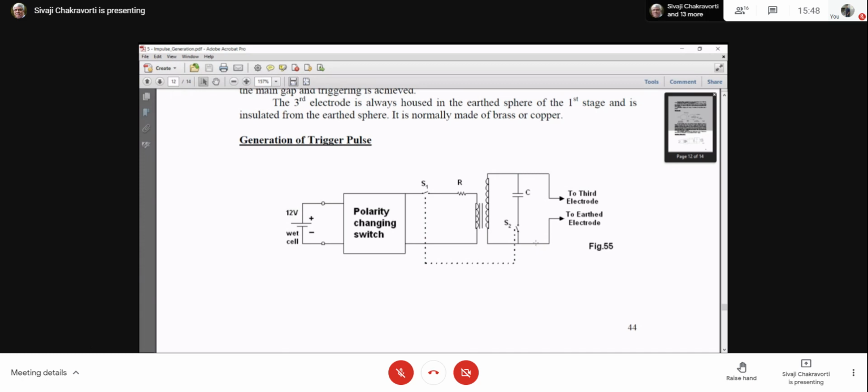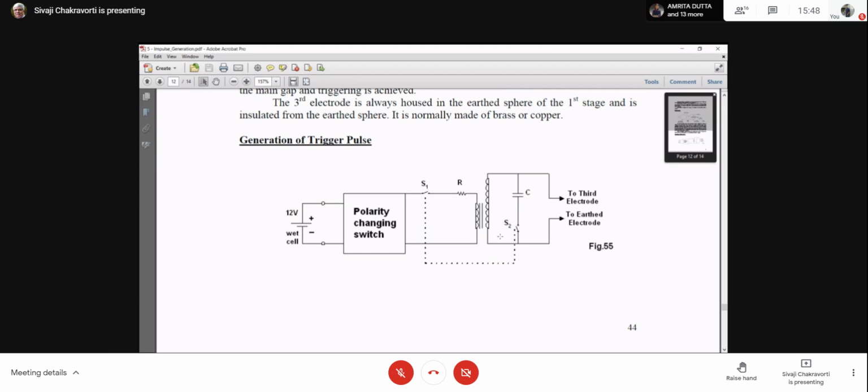There will be a di/dt. That di/dt will cause some change in flux linkage also. So on the secondary, some voltage will be generated. But that voltage we don't use. So we have put a capacitor and a switch S2, and S2 is connected to S1.